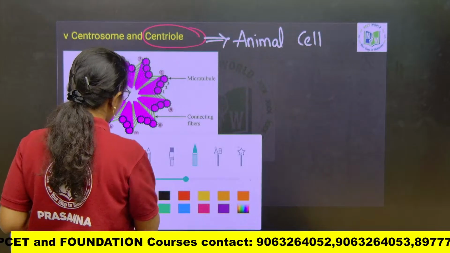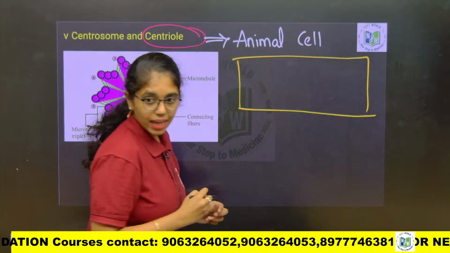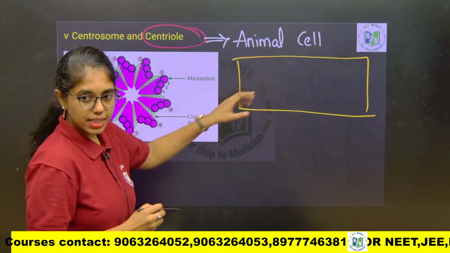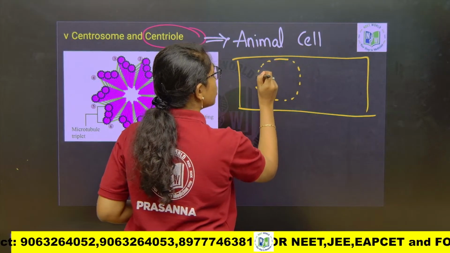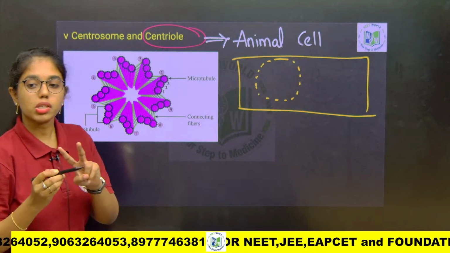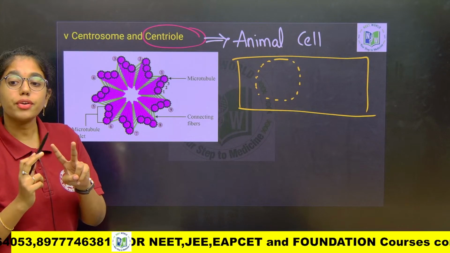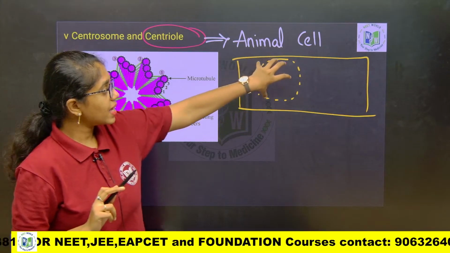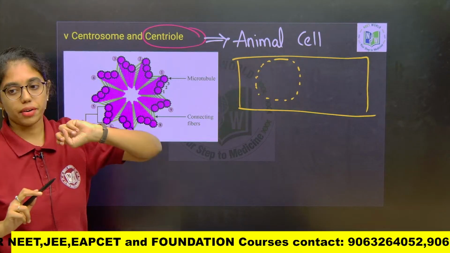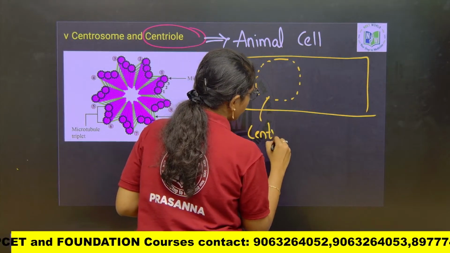If I consider this as a cell, beta, inside an animal cell, inside the centrosome, don't get confused between the terms centriole, centrosome and centromere. Centromere is the primary constriction of the chromosome. Centrosome constitutes two centrioles. How are centrioles arranged inside the centrosome?